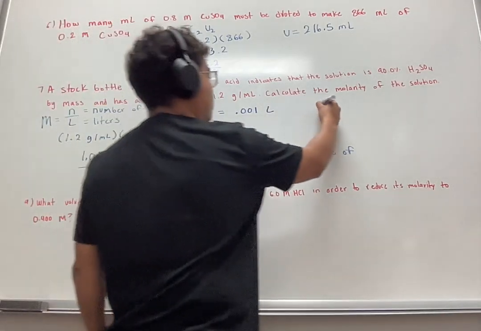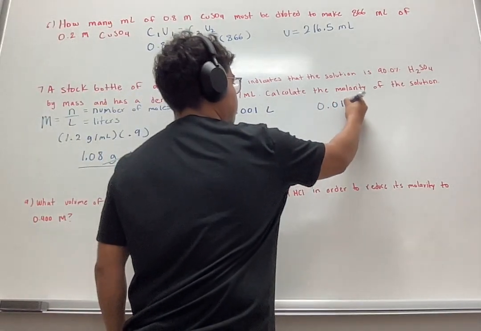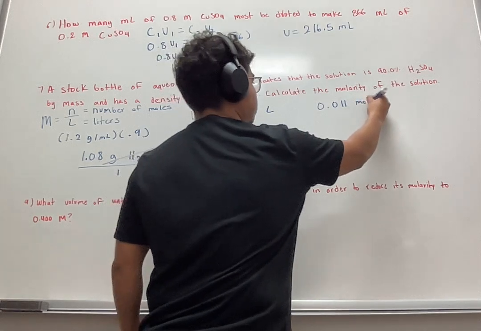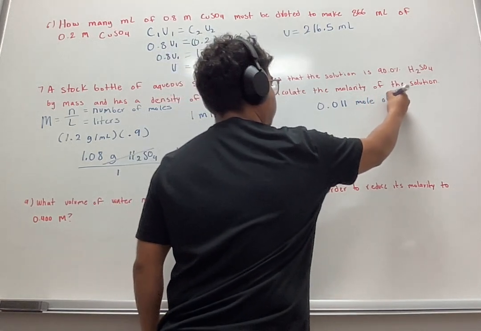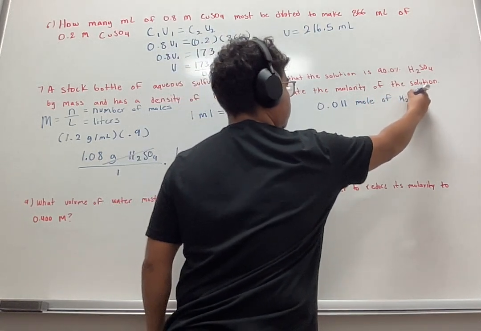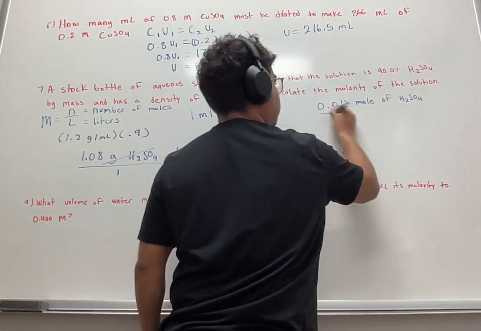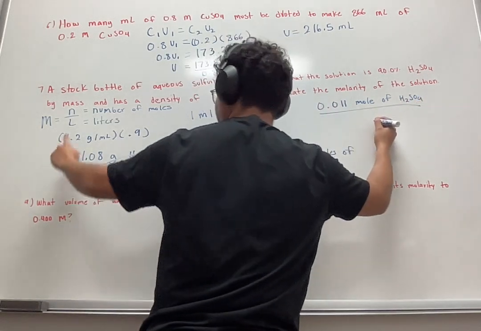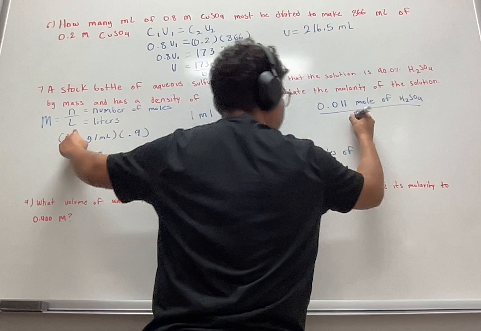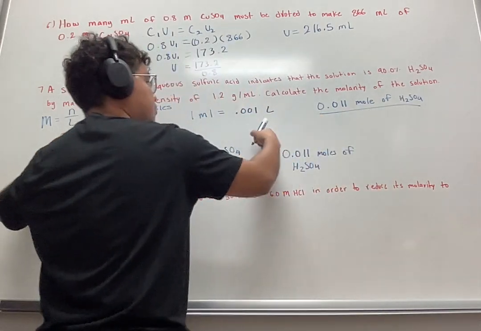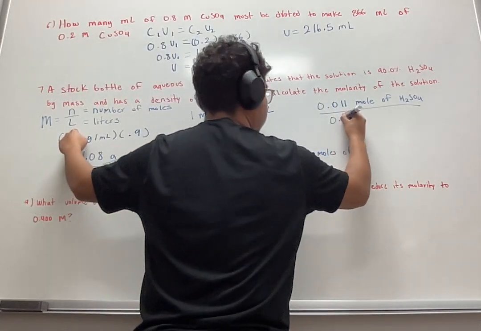So 0.011 moles of H2SO4 over, not a liter, but 0.001 liters.